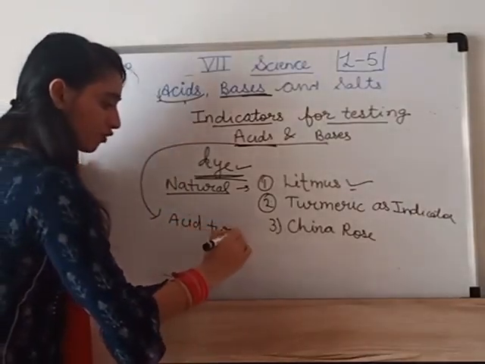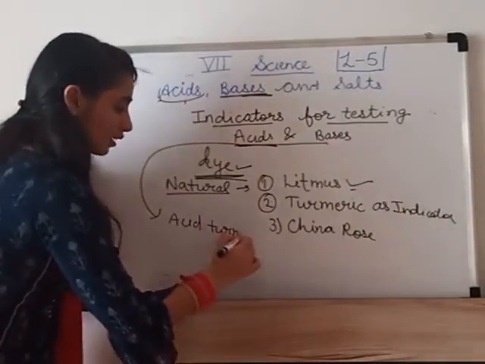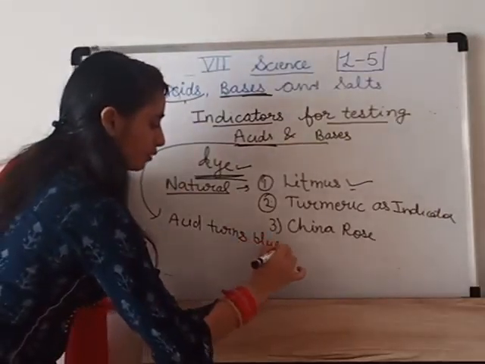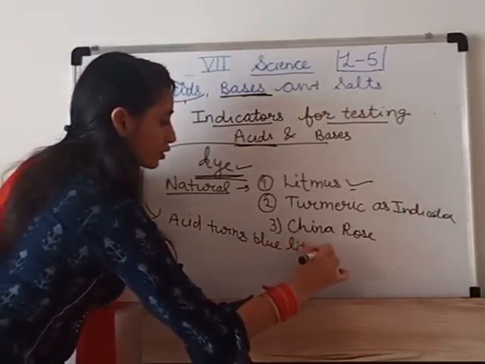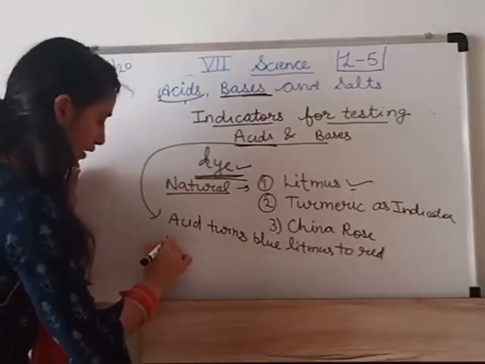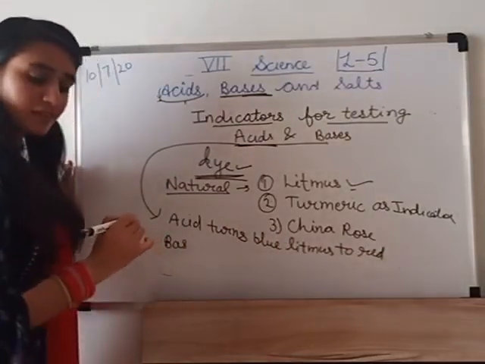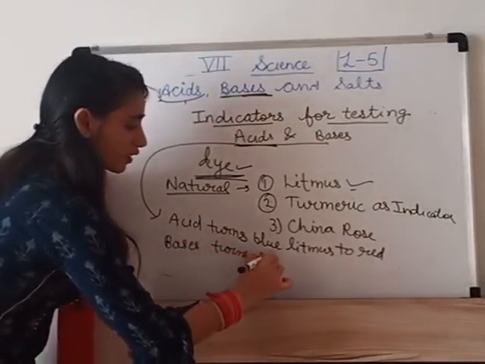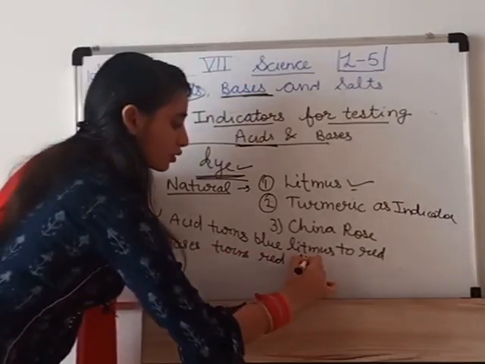One property of acid is that acid turns blue litmus to red. And bases turn red litmus to blue.